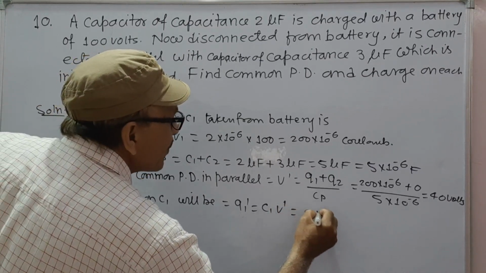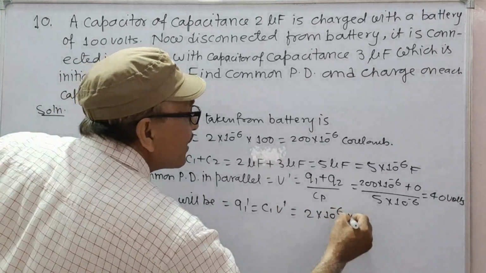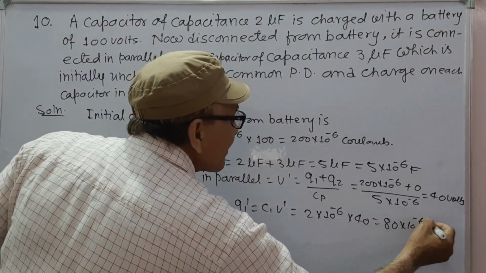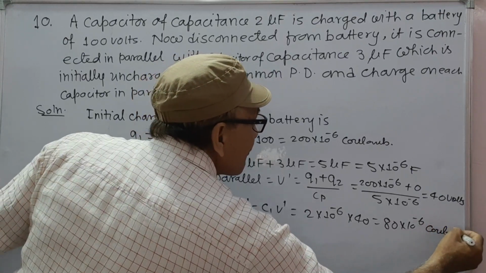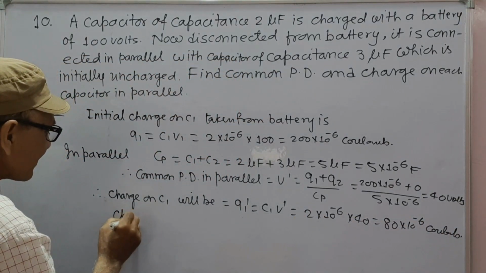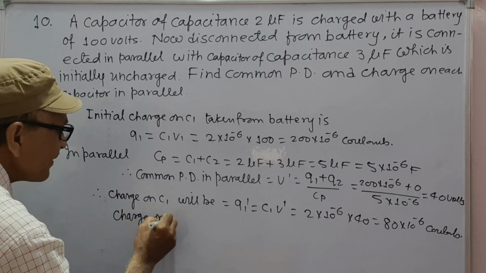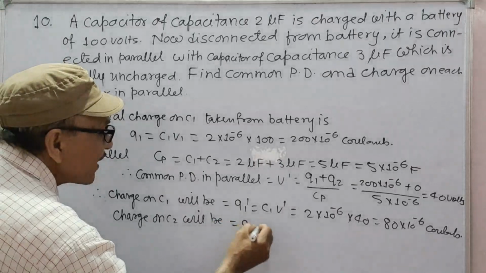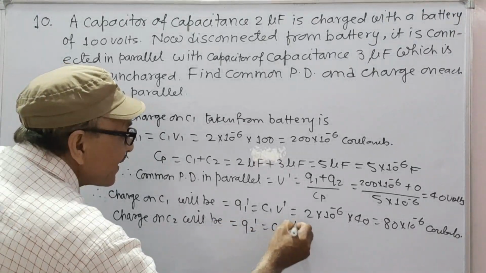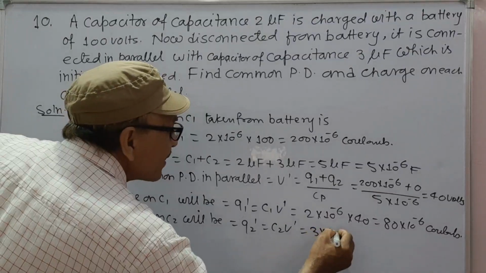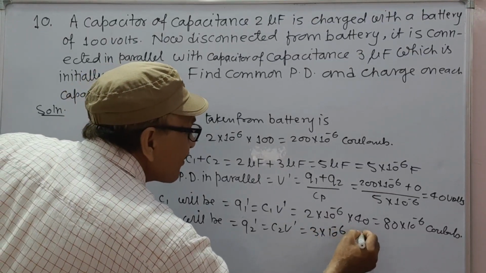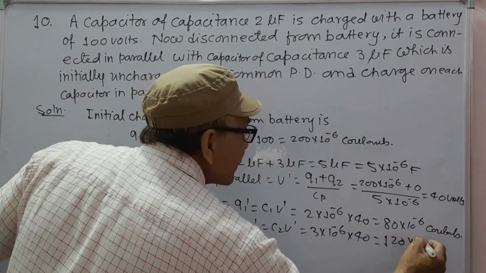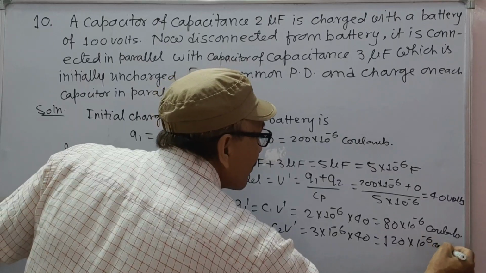C1 is 2 into 10 to minus 6 into V dash is 40, that is 80 into 10 to minus 6 coulomb, and charge on C2 will be, that is Q2 dash, C2 into V dash. C2 is 3 into 10 to minus 6 into V dash is 40, that is 120 into 10 to minus 6 coulomb.